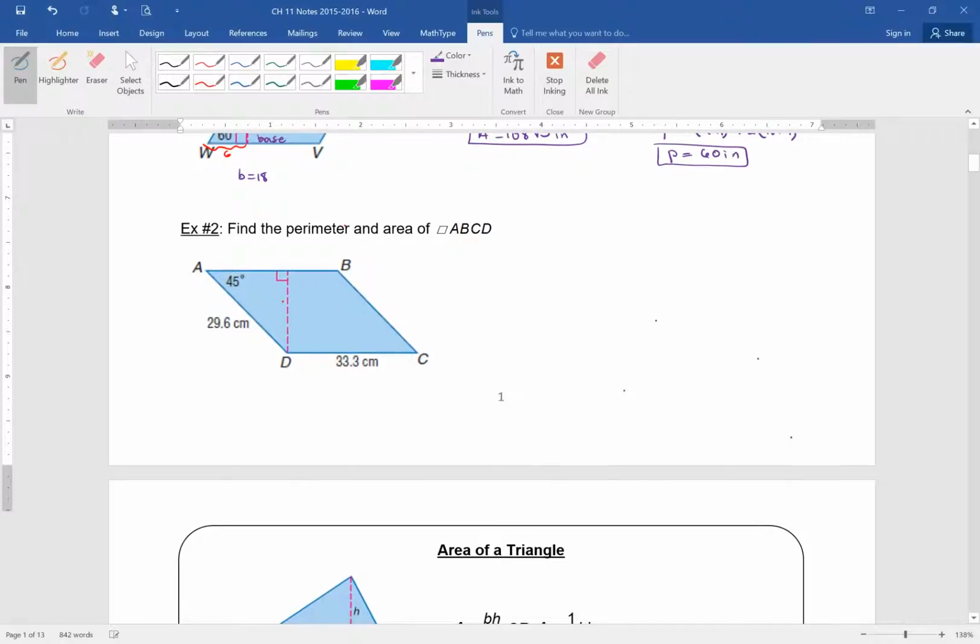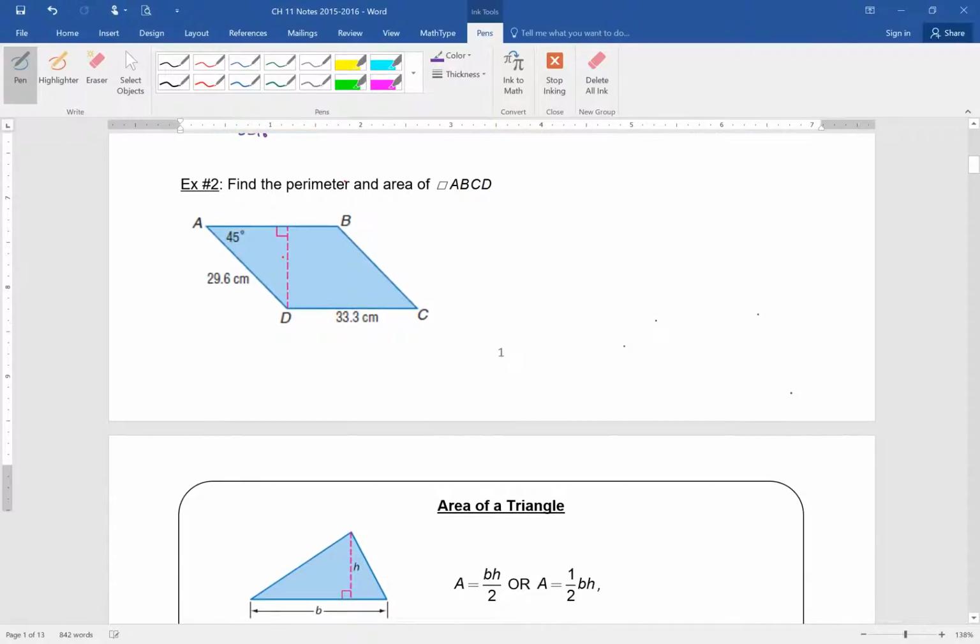We need to find the perimeter and the area of this parallelogram. All right, we're given that this is 29.6 and 33.3. We need the height. In this case, what I have is a 45, 45, 90. That means this and this are both x, and this is x root 2.